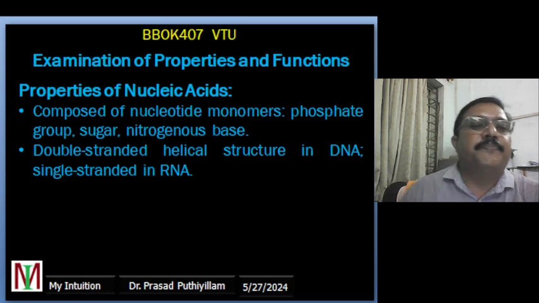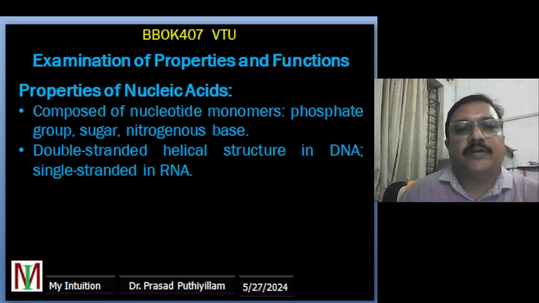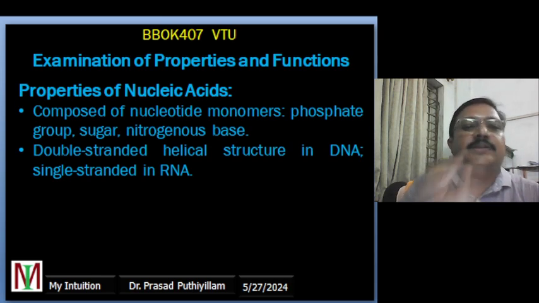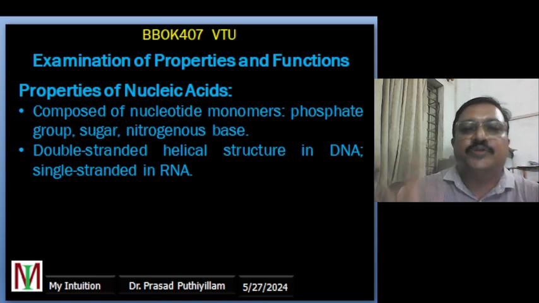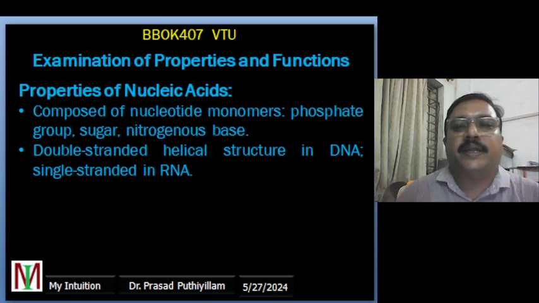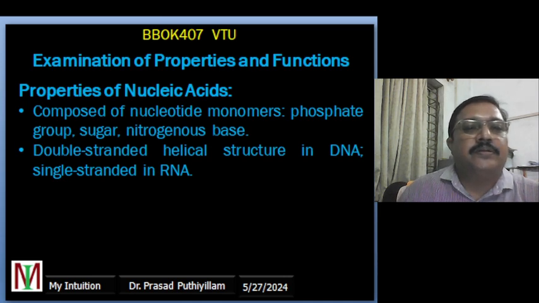Properties of nucleic acids: they are very large, complex molecules composed of nucleotide monomers, DNA and RNA, with helical structures. Each nucleotide consists of a phosphate group, a sugar, which is deoxyribose in DNA and ribose in RNA, and a nitrogenous base: adenine, thymine, cytosine, guanine in DNA, and adenine, uracil, cytosine, guanine in RNA. Nucleic acids have a double-stranded helical structure in DNA and a single-stranded structure in RNA.